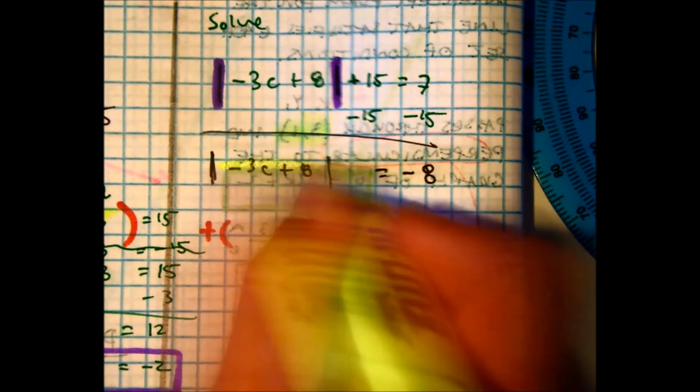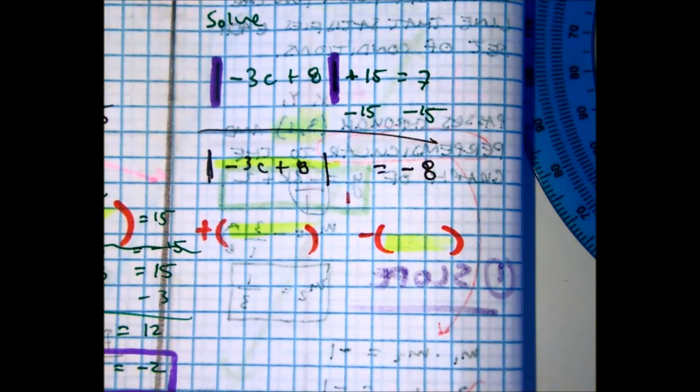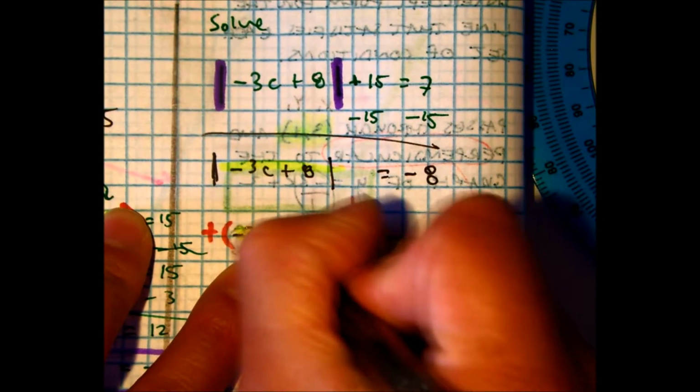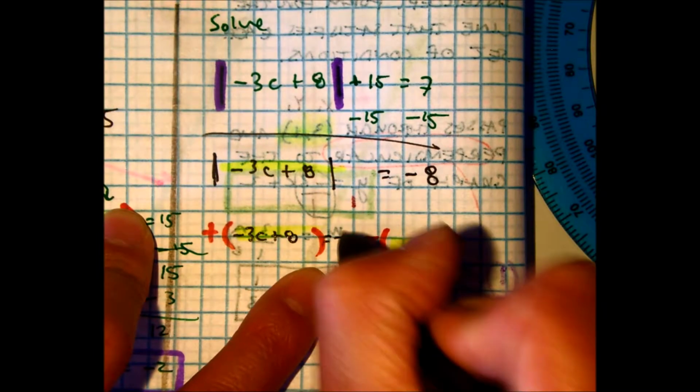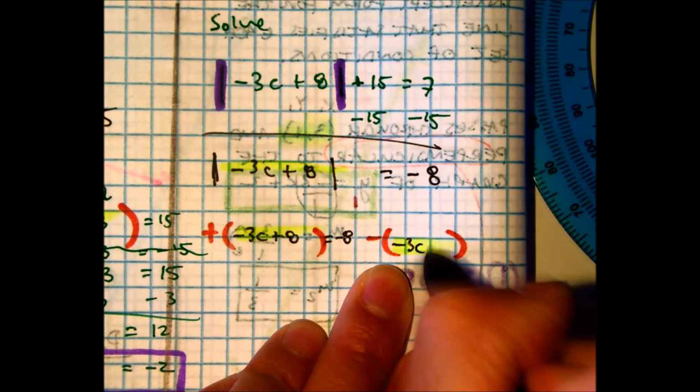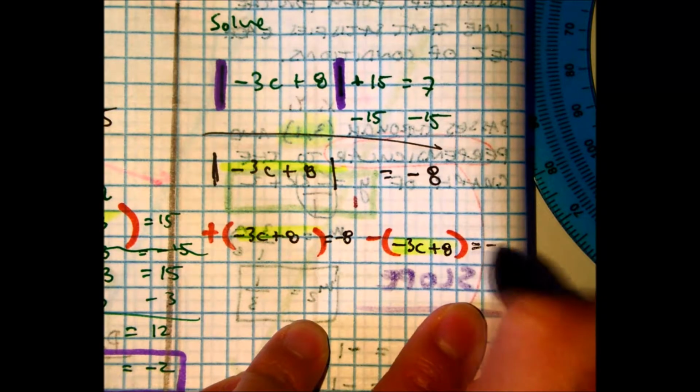Let's put the argument in there. So I have negative 3c plus 8 equals negative 8, and the opposite of negative 3c plus 8 equals negative 8.